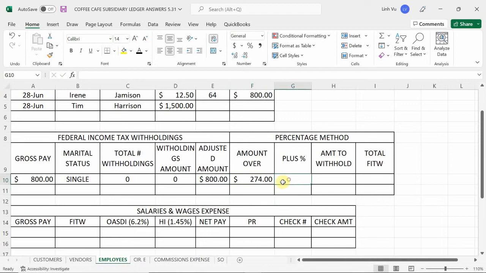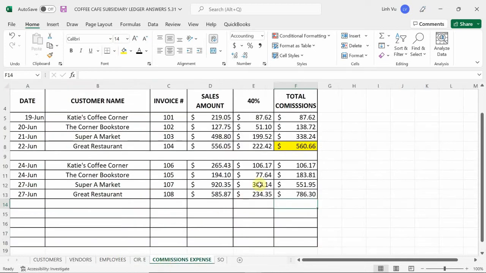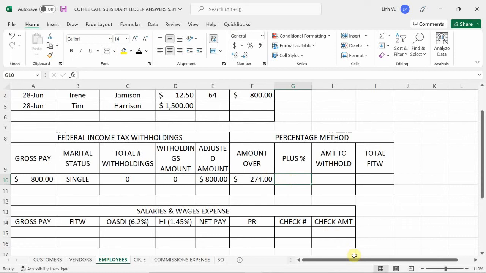The bracket says that any dollar in excess is going to be subjected to 12% tax. So we need to figure out how much she's going to get taxed off of this $274 in excess.